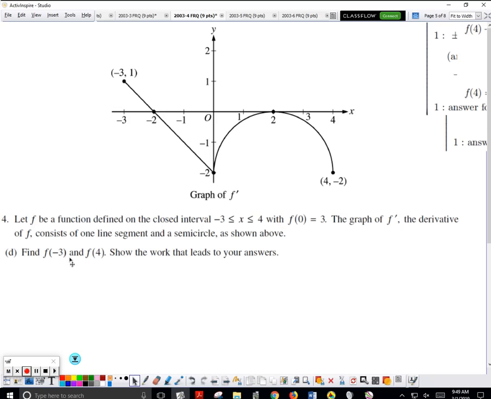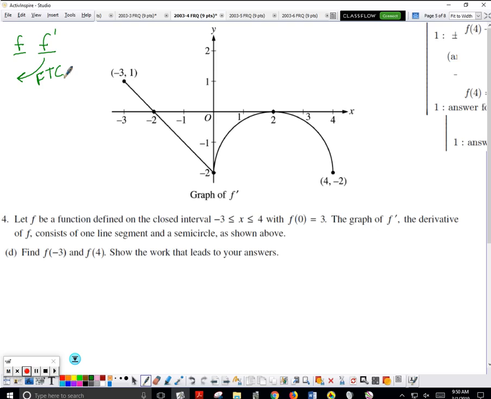It says find f of -3. So I'm looking at f prime and they're asking me to find f. So Danica's chart reminds me that, if I'm trying to find f, I have f prime. So I'm going this direction, which means I'm going to use the fundamental theorem of calculus.